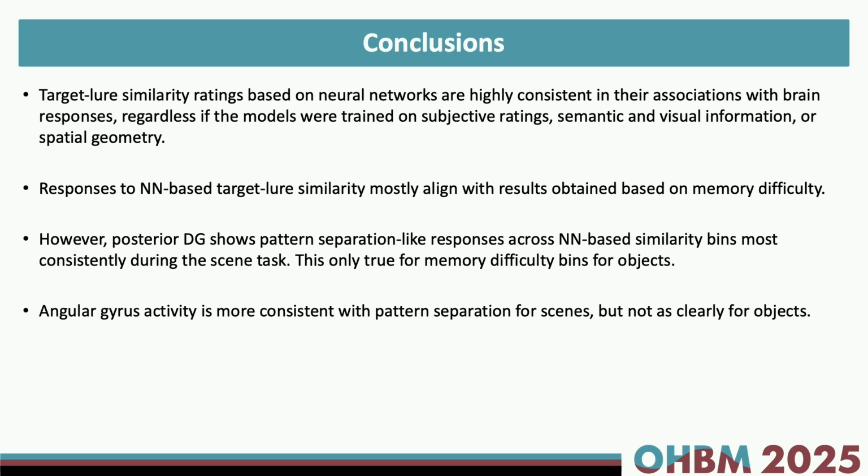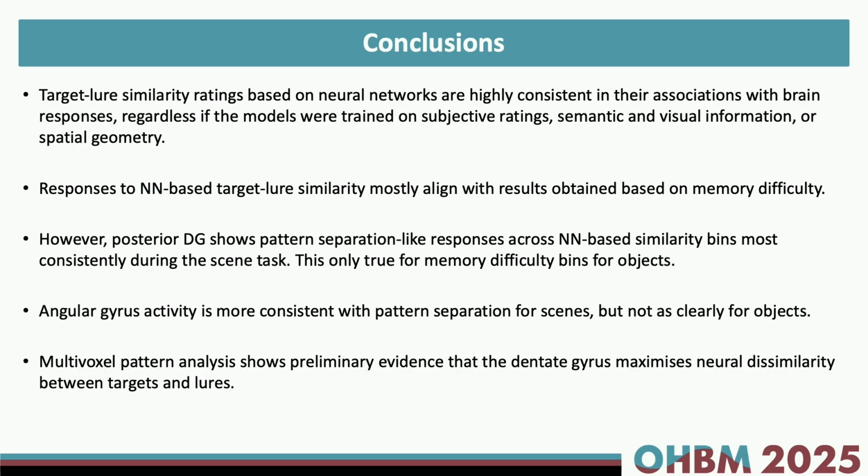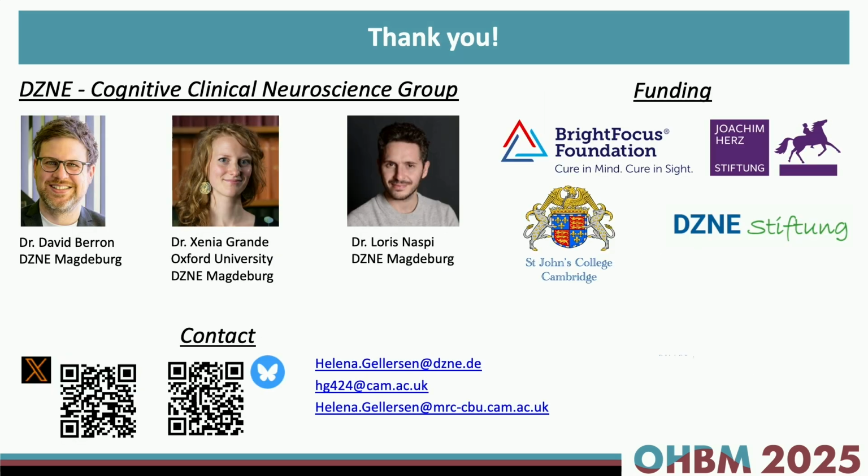Angular gyrus is more involved for pattern separation during scenes. And finally, we have some exciting preliminary results about the dentate gyrus and its ability to have separate patterns for targets and lures on a voxel by voxel level. So with that, thank you so much to everybody at the DZNE and to my funders and to everyone here.